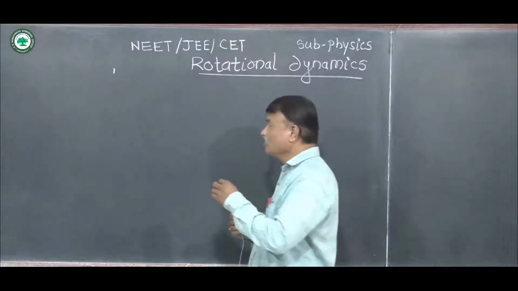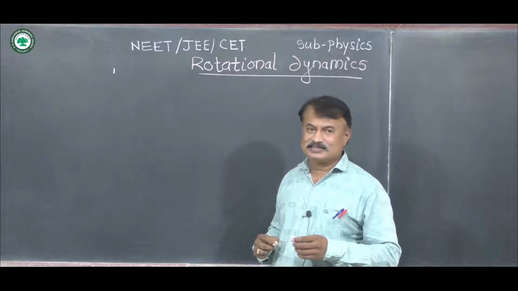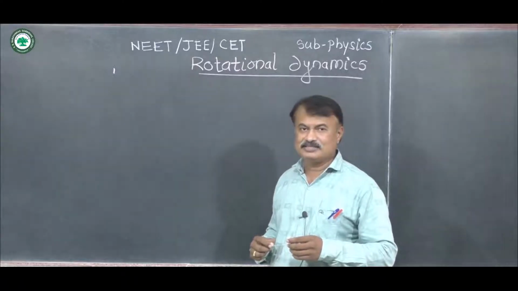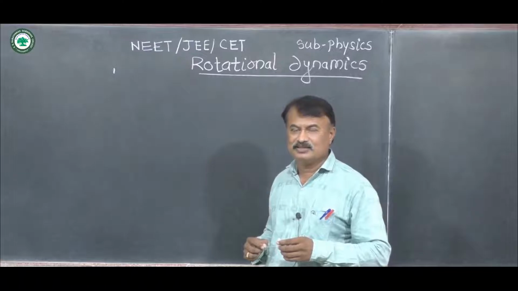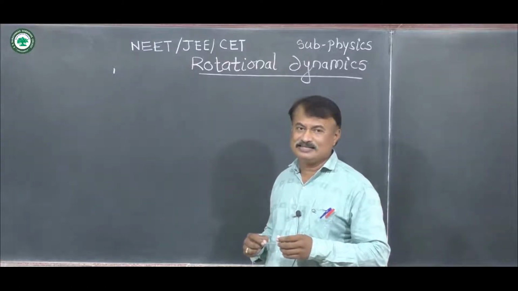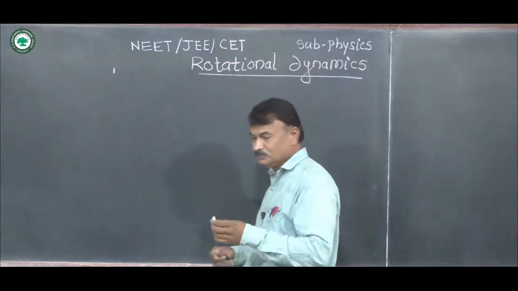In case of non-uniform circular motion, linear speed is variable, means the motion of an object along the circumference of a circle with variable linear speed is called non-uniform circular motion.